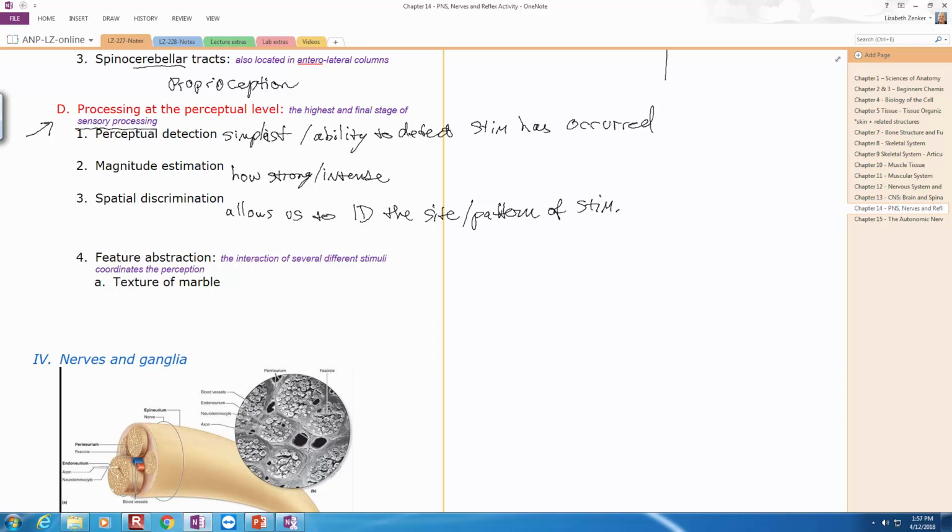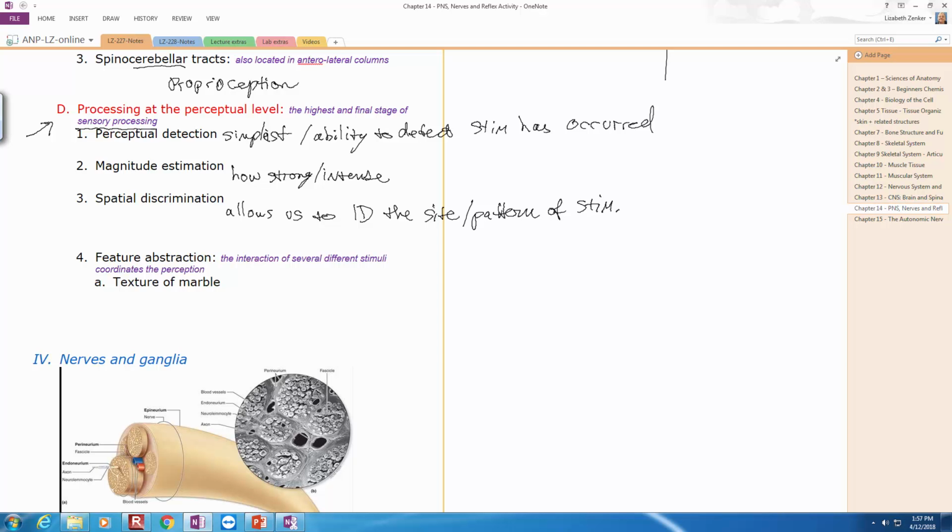How much sensory do you need from your back side? Where do you get most of your sensations from? The front side. Your face is very sensitive, your lips, your fingers, your hands. This side of your body is much more sensitive to things than your back side.